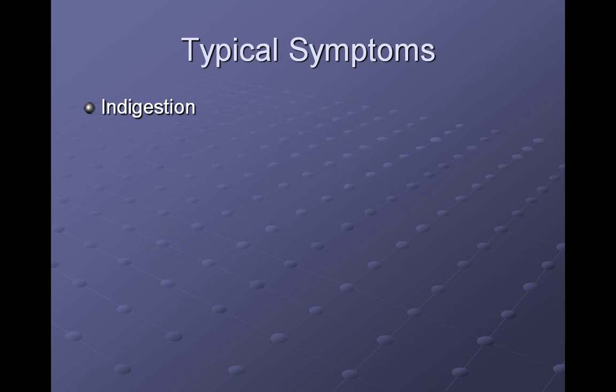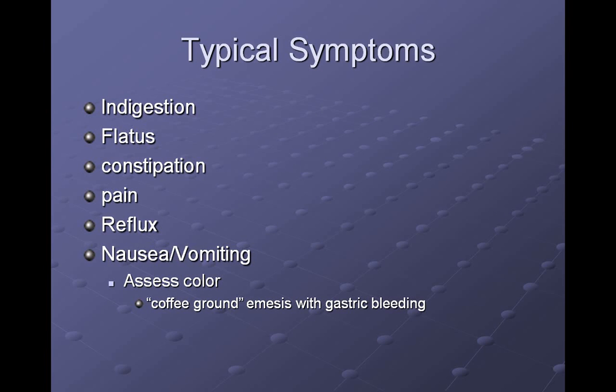Some typical symptoms associated with gastrointestinal disorders include indigestion, flatus, constipation, pain, reflux, nausea or vomiting, and if they have vomiting, you want to assess the color of the vomitus. Coffee ground emesis occurs with gastric bleeding.